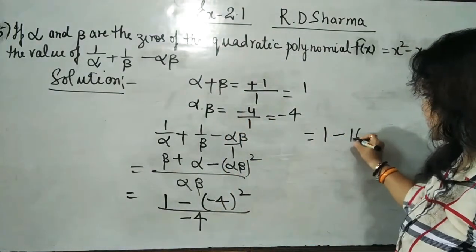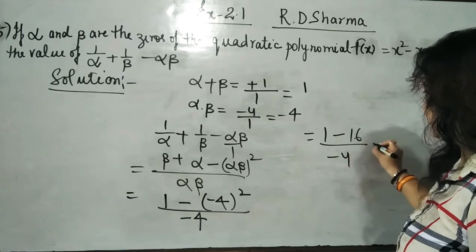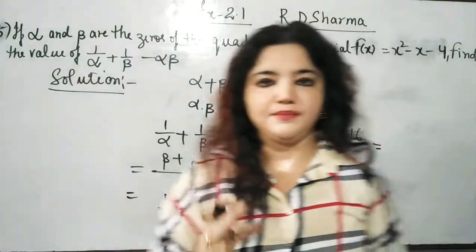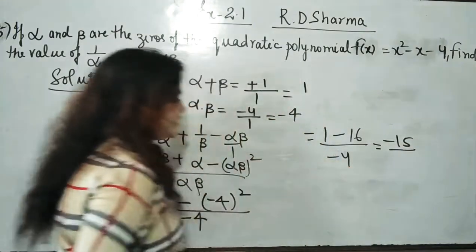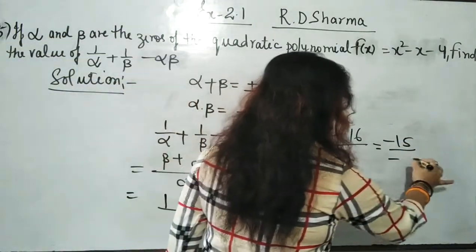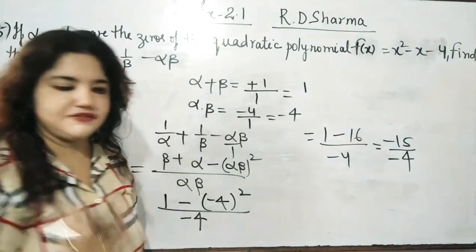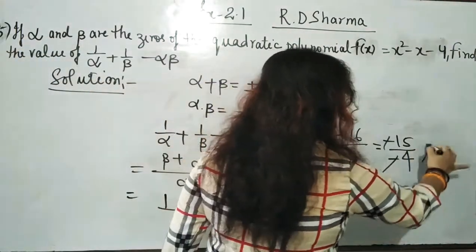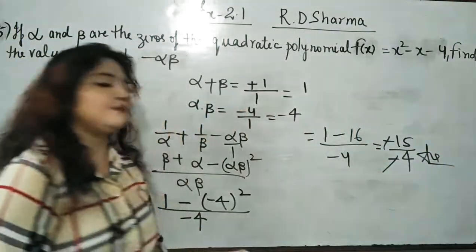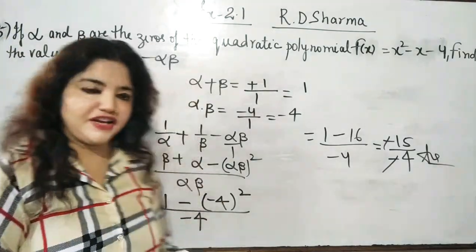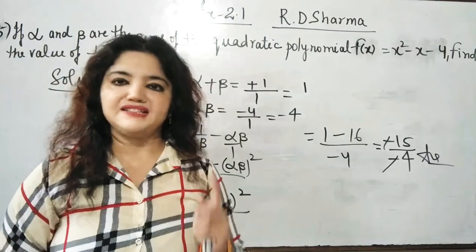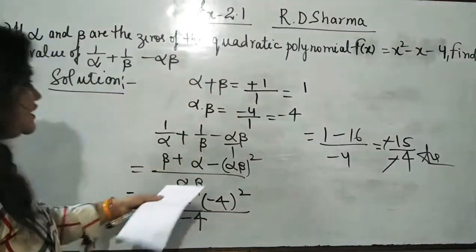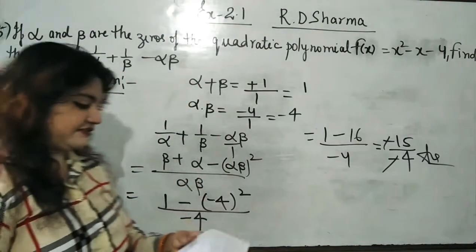So 1 minus 16 upon minus 4, and 1 minus 16 means minus 15. Minus 15 upon minus 4. Minus minus will be cancelled out. So 15 by 4, this is our answer. So we have calculated the value of 1 upon alpha plus 1 upon beta minus alpha beta. So this was our sum number 5.